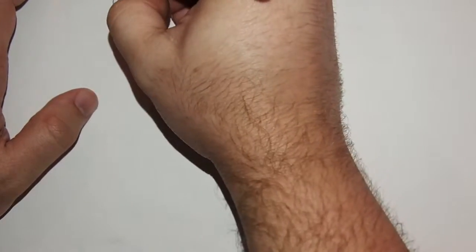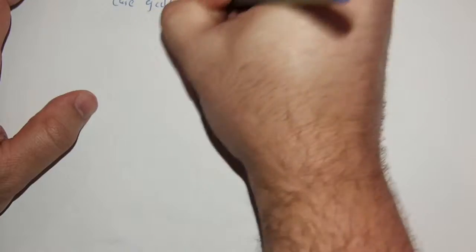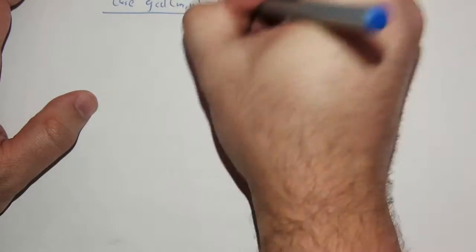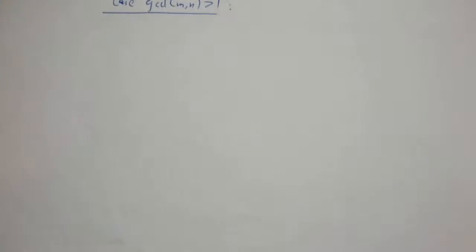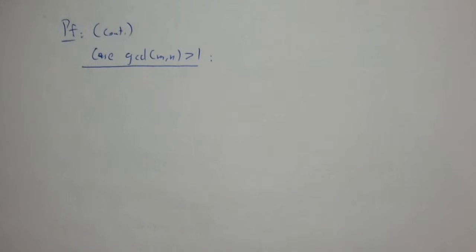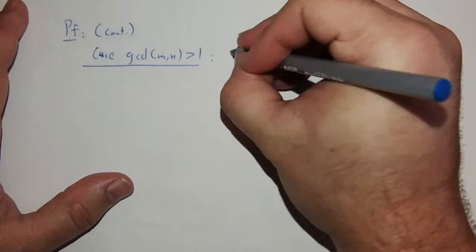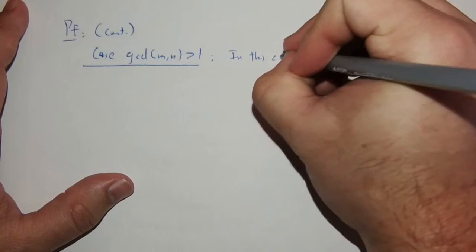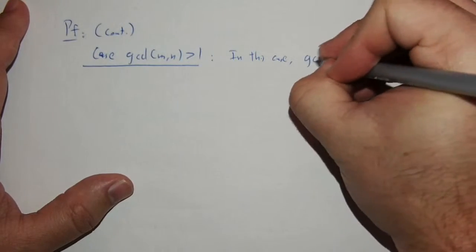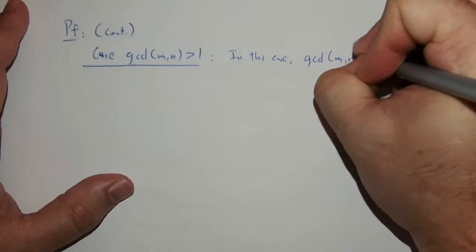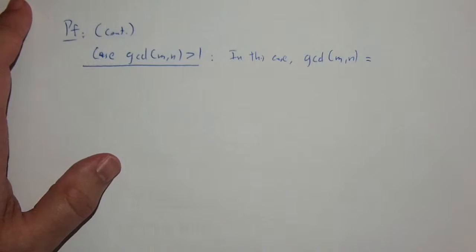So this is the case when the GCD of m and n is bigger than 1. All right, so this will exhaust all of the cases. So in this case, the GCD of m and n has really 3 options here.